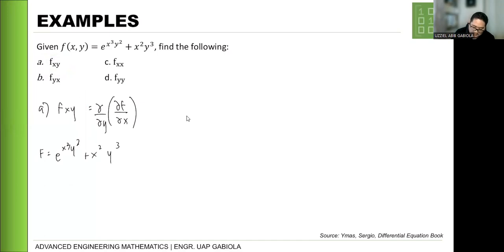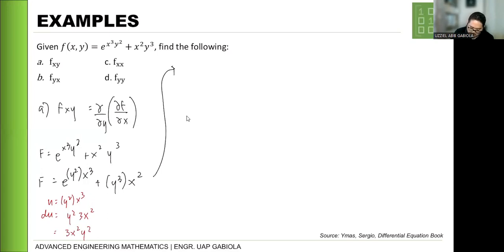Okay, so our function e^(x cubed y squared) plus x squared y cubed. So, titreat natin si x as our independent variable. So, we can use yung ganitong notation again to indicate na constant si y. Okay? Then, e^u du tayo. So, u natin dito is y squared x cubed. So, du natin will be y squared 3x squared or 3x squared y squared. Okay? So, produce natin yung kanyang partial f with respect to x.